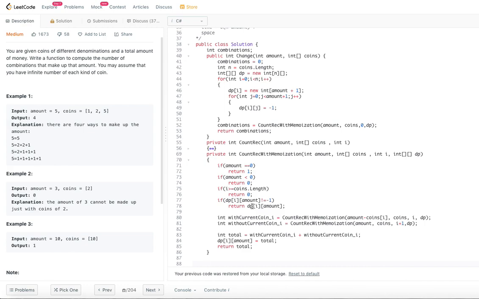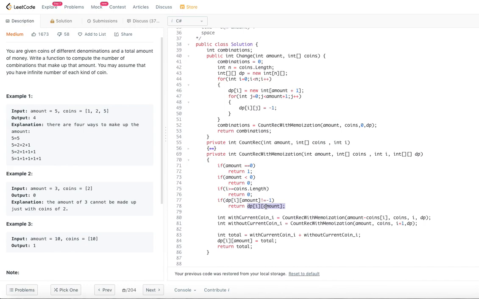So how many times this could get called? So many times we don't even know that. That means it is exponential times this is getting called, right. But is the calculation happening exponential time? No, because as and when we calculated I and amount, we are storing in the array and we are just returning, right. So there is not that many computations that are happening.